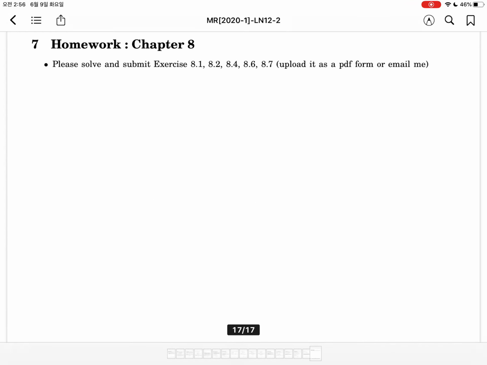And you have homework. The due date of the homework will be the final exam date, maybe June 18. I'm not sure. I wanted to postpone the final exam to June 25, but the university does not allow the extension of the exam.